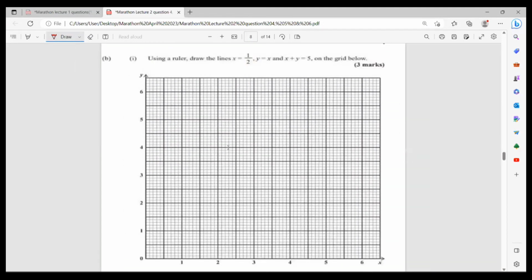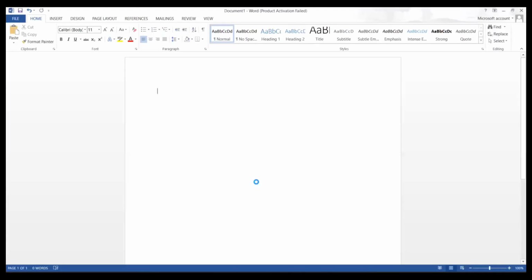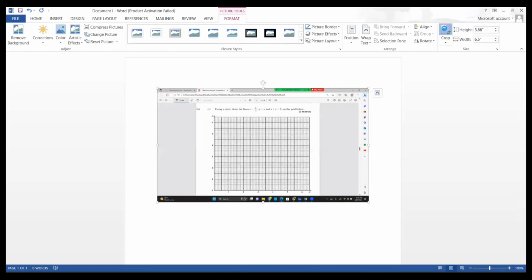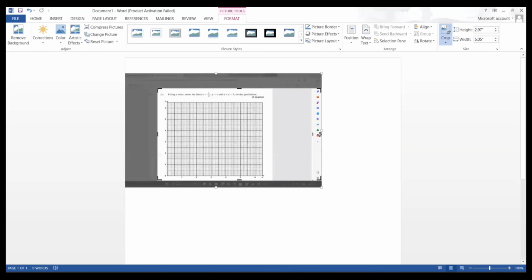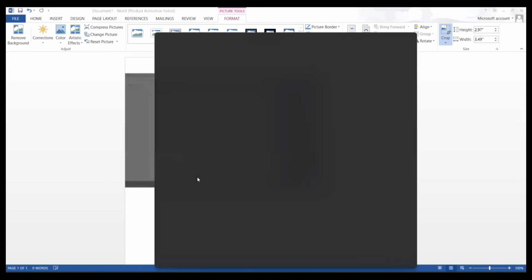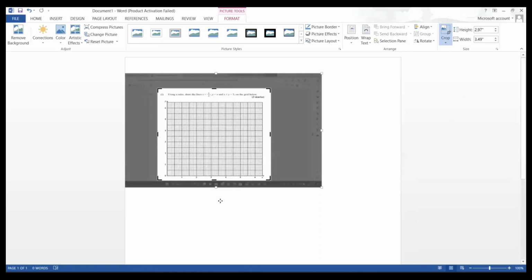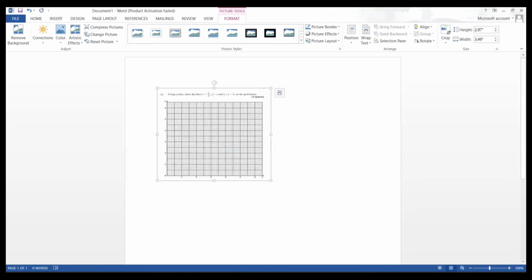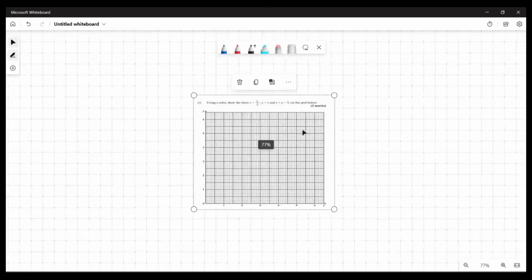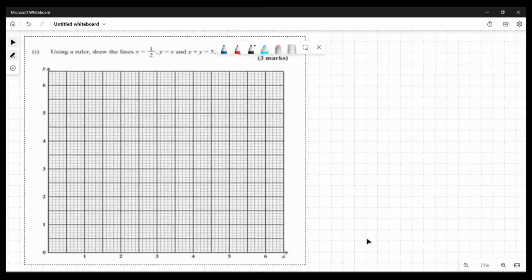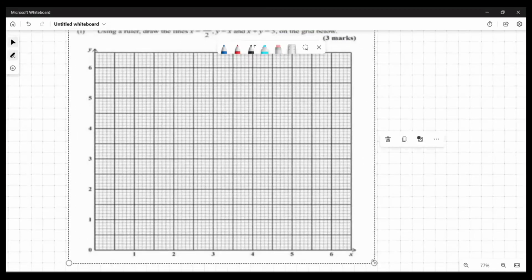Let me copy this, and minimize some of the spacing so I can get a big diagram over there. All right, that could work.